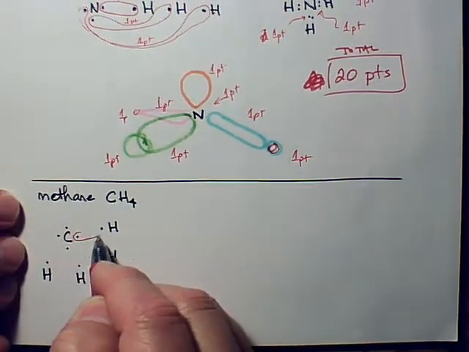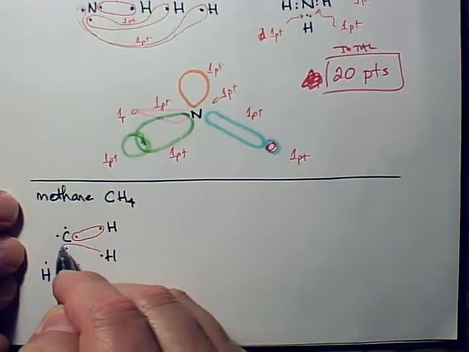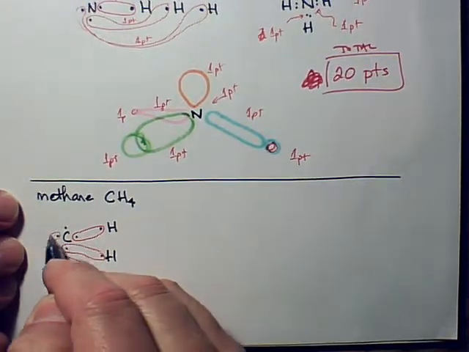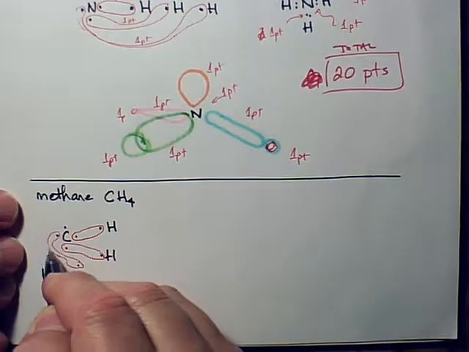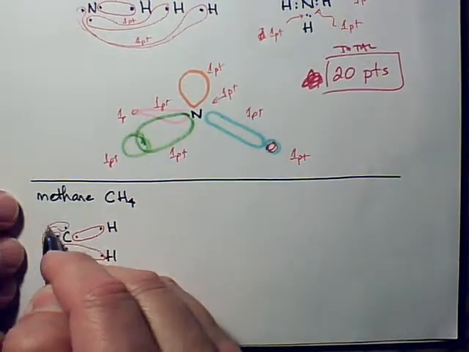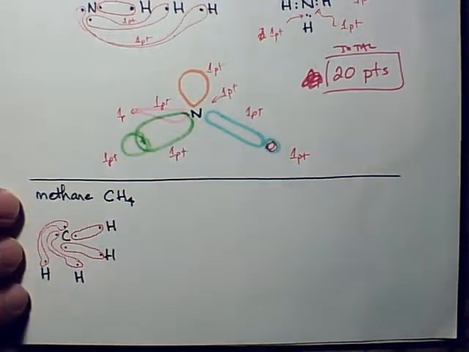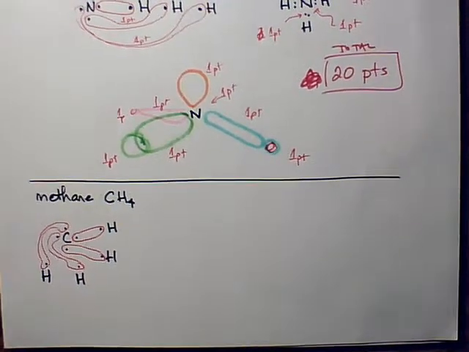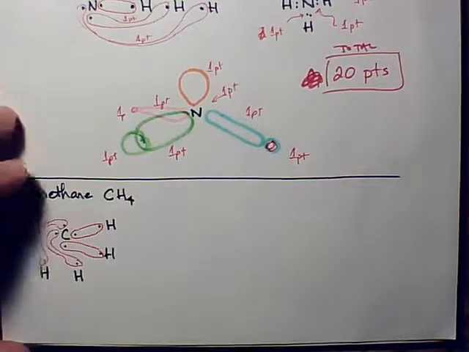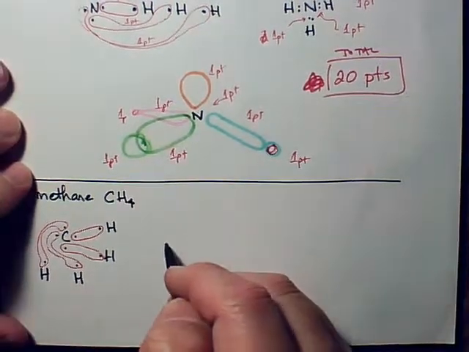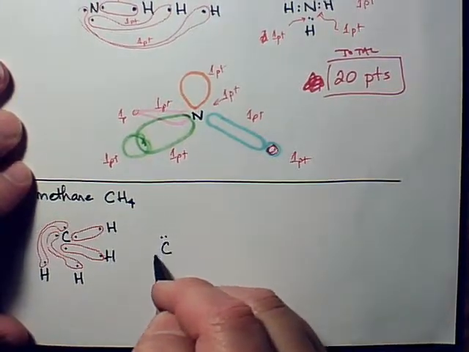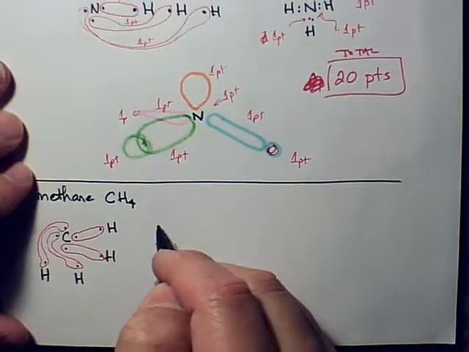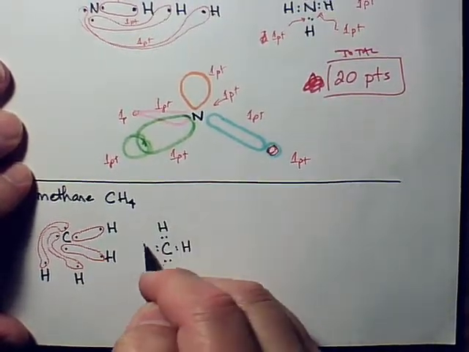So if I share these 2, and these 2, and these 2, and these 2, then the carbon has 8 electrons and a full valence level. The hydrogens all have 2 and a full valence level. And then I squeeze the electrons between the atom symbols, and you get this.